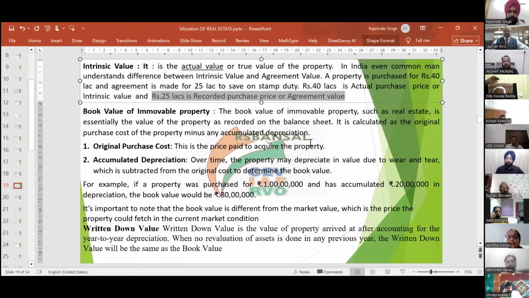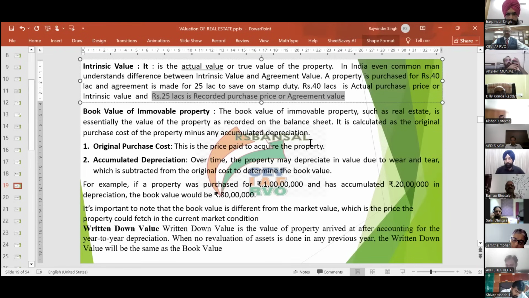In their books of accounts, the purchase price is 20 lakhs. In the next year, 2021, they will apply certain depreciation over it. Let us suppose they apply a depreciation of 10%, 2 lakhs. Then the book value in 2021 is 18 lakhs.